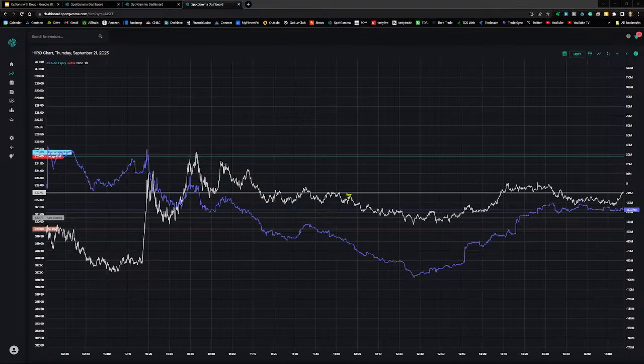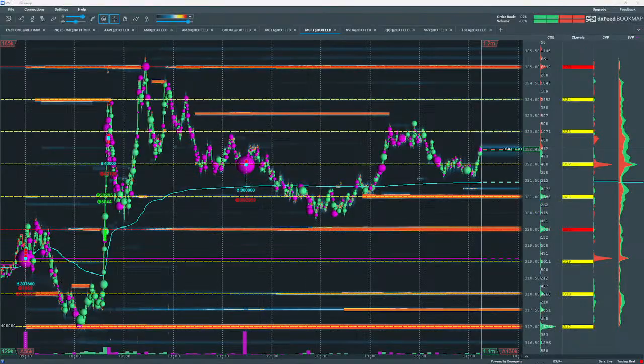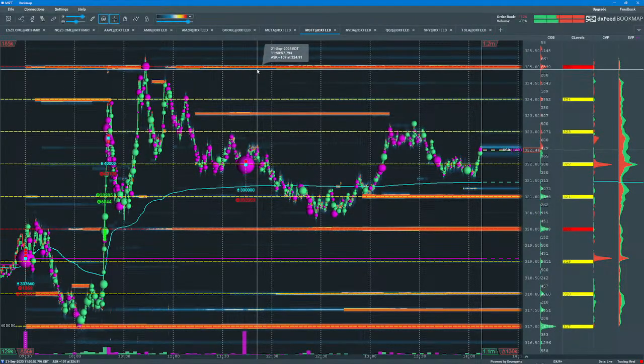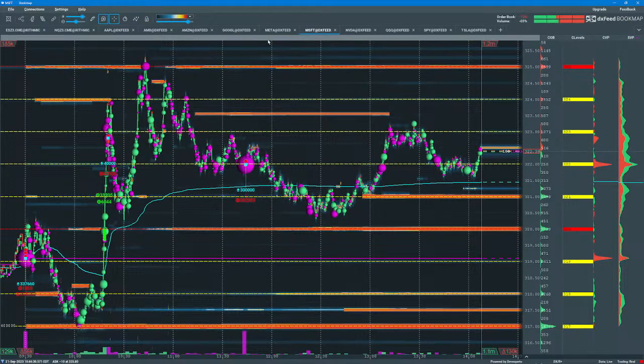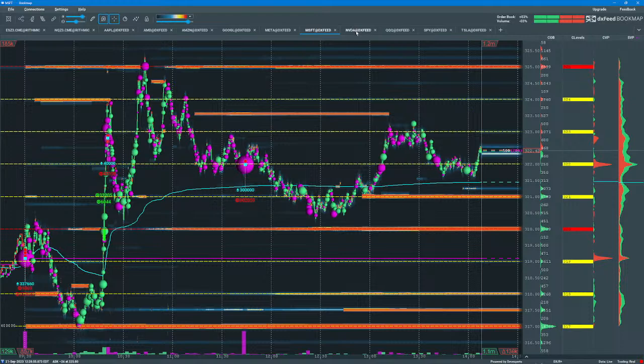All right, so that's Microsoft. Let's go back to Bookmap. And the next. So now it looks like Microsoft buyers are trying to move price back up to the 325 level today. Let's take a look at NVIDIA.